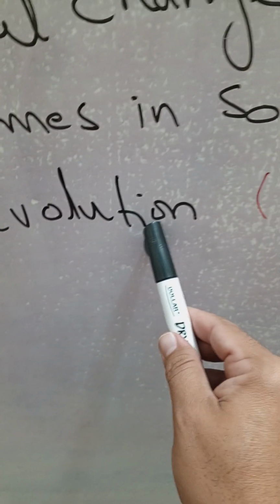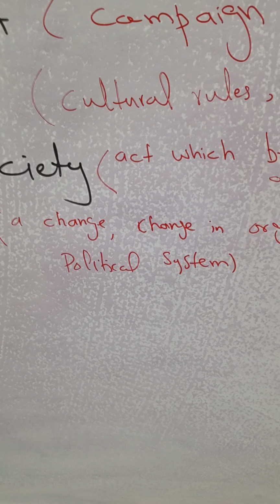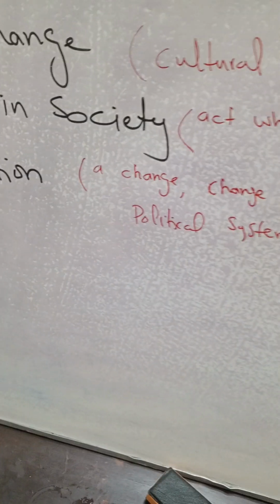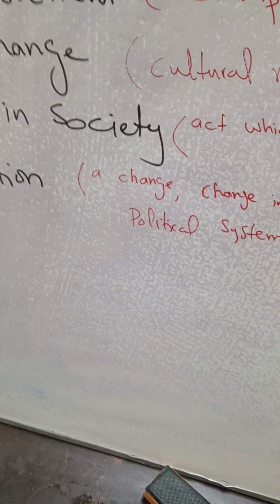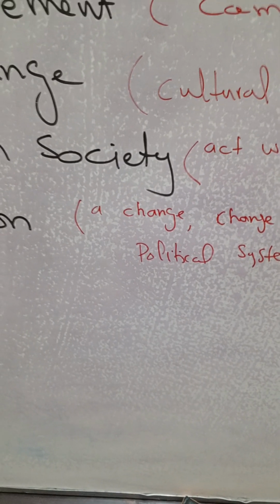Another topic is revolution. Basically, revolution is a change in the organization, likely a change in the political system. When the people demand change in the political system, that is called revolution. Sometimes revolution can bring negative effects to a country, but it also has a positive aspect.